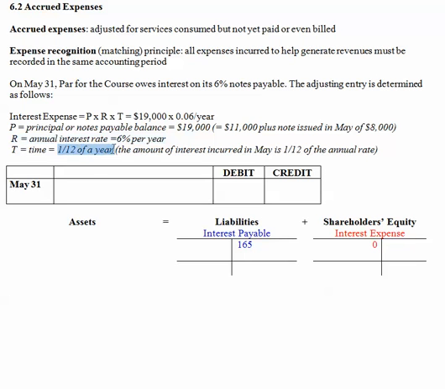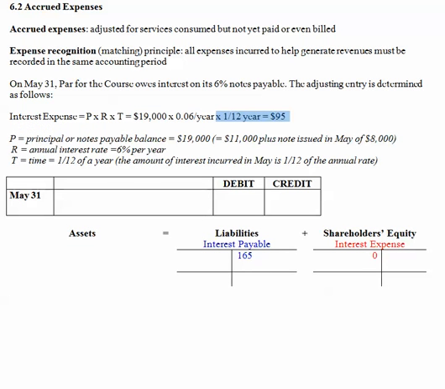We only want 1/12 of that. That's the amount incurred in May, or 1/12 of the annual rate. So you would multiply again your P, your notes payable balance, times your rate, and that's per year, times how much of the year you're recording for these financial statements, and it's only $95.